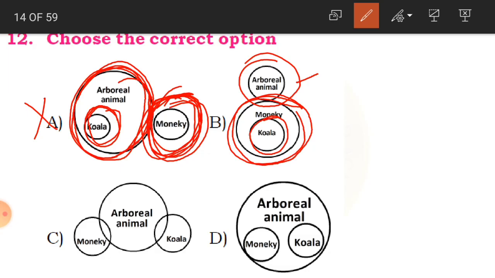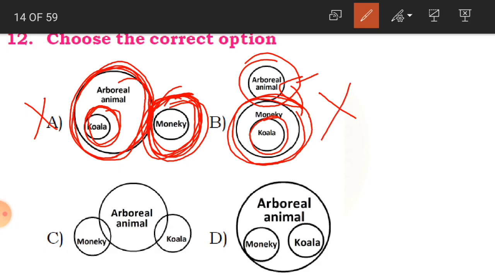In that big circle, koala is there, saying that this koala belongs to monkey. Is it correct, children? No. Koala and monkey both belong to the arboreal group. So that is why this is also wrong.